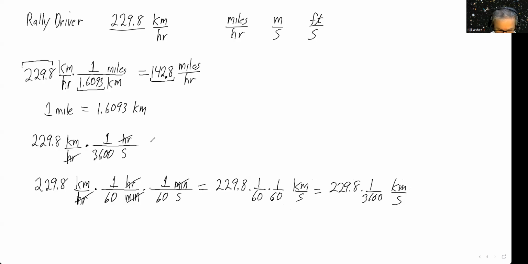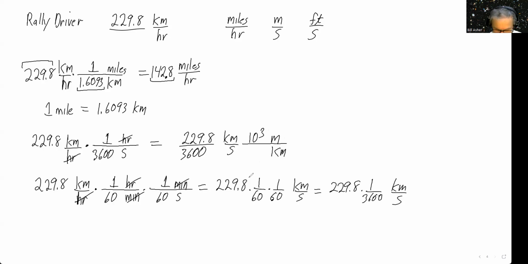So I'm going to continue on here. So this is 229.8 divided by 3600 kilometers per second, right? And then now I'm going to convert between meters per kilometer. So it's 10 to the third meters per kilometer.